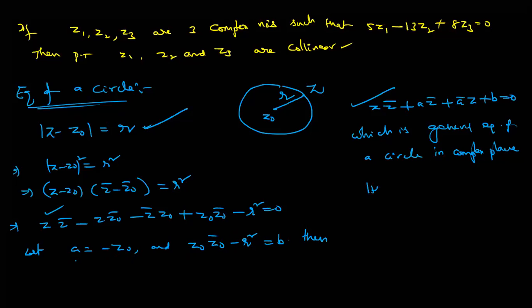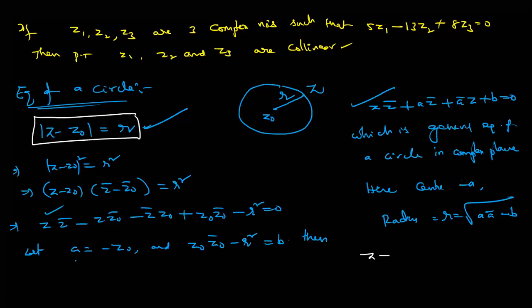R is nothing but root over A A bar minus B. Only this part is enough for drawing the circle.